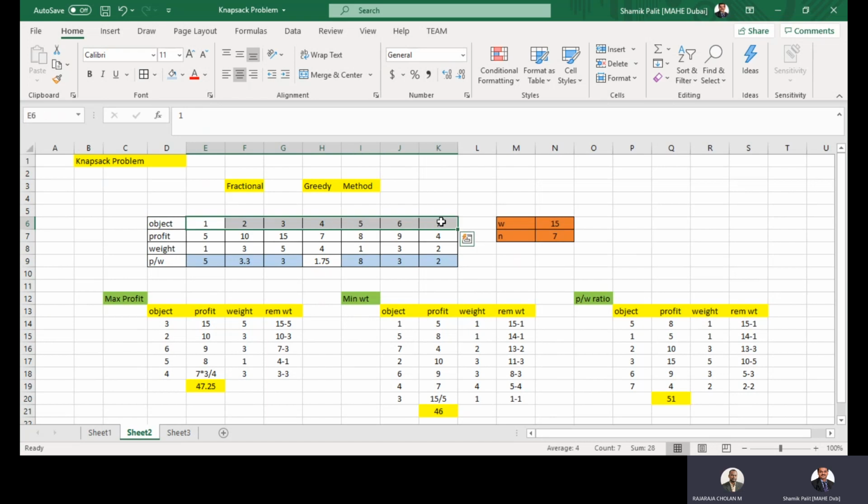Though we are not using it directly here, it is always better to write the sequence of the object so it does not create any confusion, because I can select one object at a time. So if you have a look, you can understand that I have selected one object at a time. This data will be given to you.